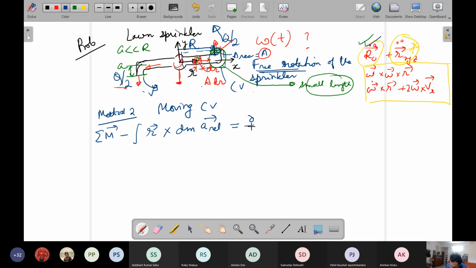So I will write this rho r cross Vr, the relative velocity, not the absolute velocity, because it's a rotating control volume. This is very, very important.